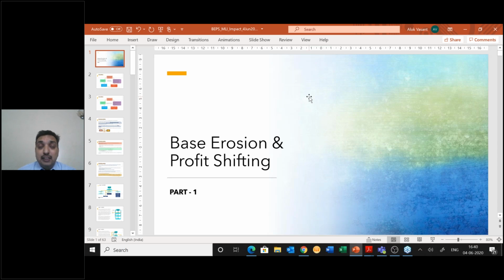So while individual companies or multinationals benefited out of this planning, the economy as a whole did not gain from this, and there was unfair allocation of tax between countries, and the countries naturally wanted to address this issue, and therefore this whole BEPS project was initiated.